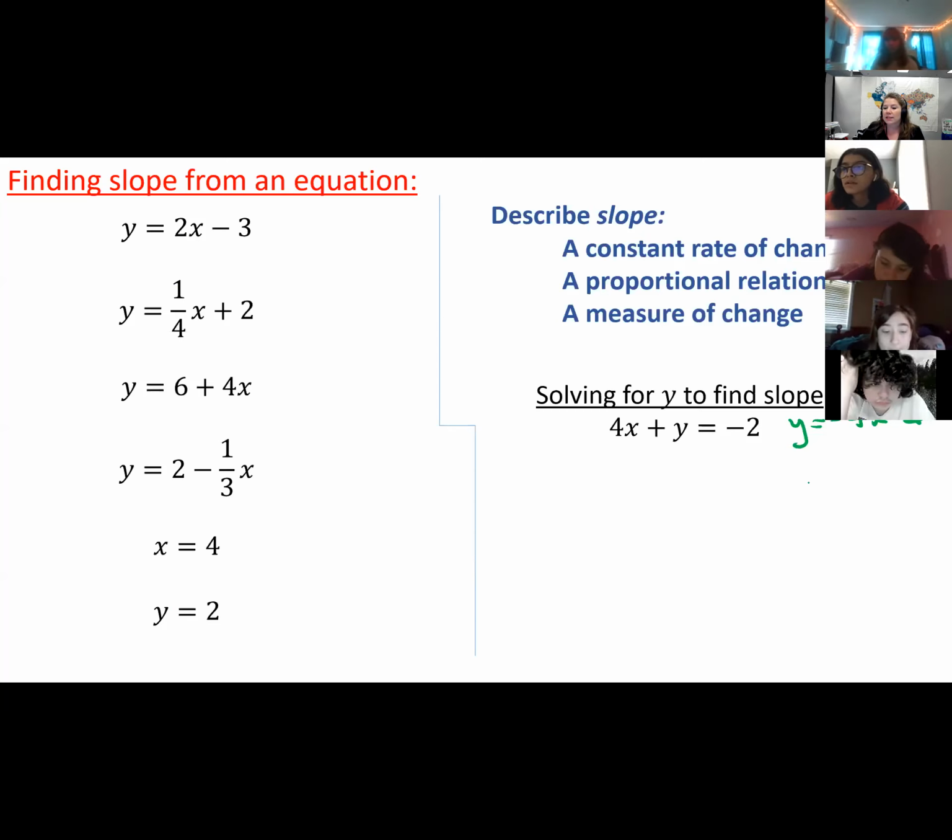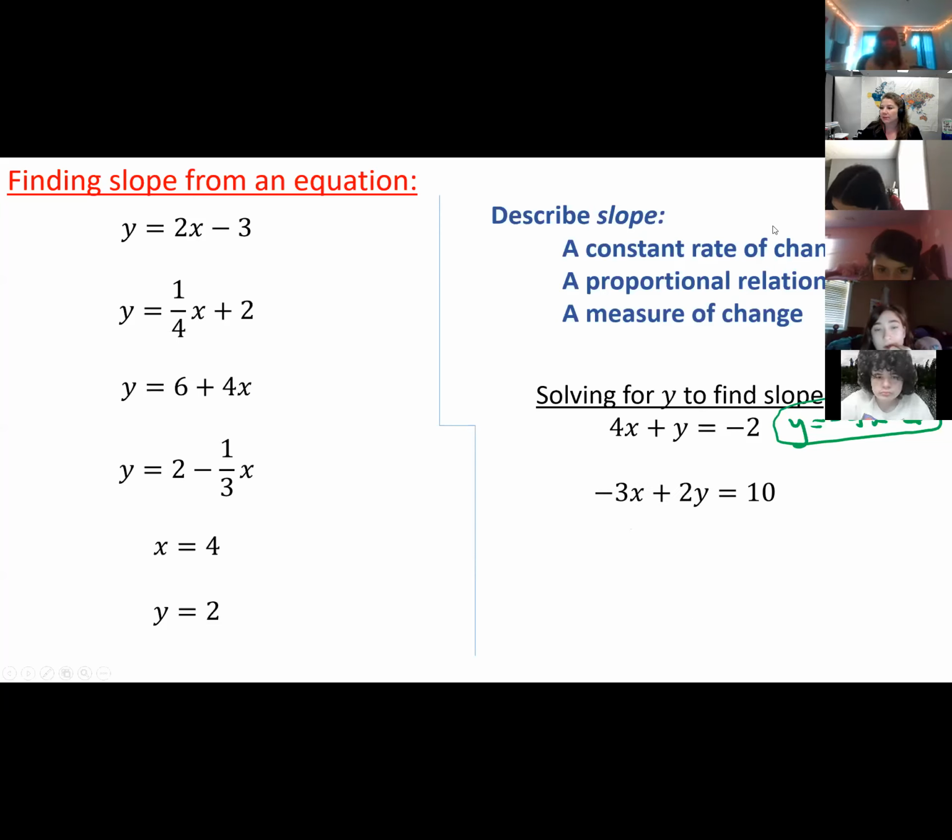Only 2 of you know my slope in this equation right here? Good, Jaden. Now 3 of you know my slope. What about the rest of you? How do I find the slope in an equation? It's the number multiplied by x. So what number is being multiplied by x now that I wrote it in y equals form? Negative 4, right? So my slope is negative 4.